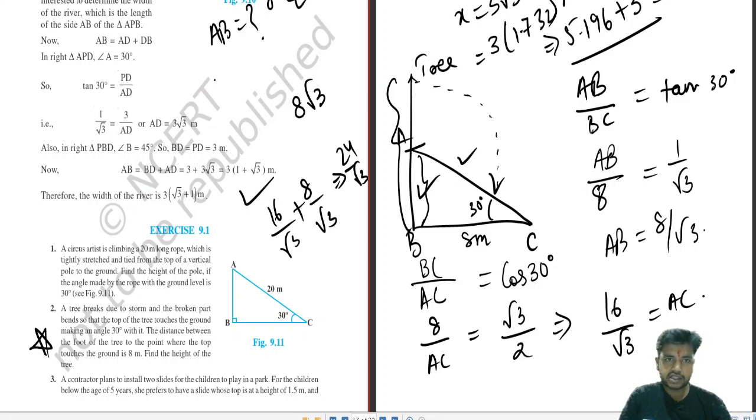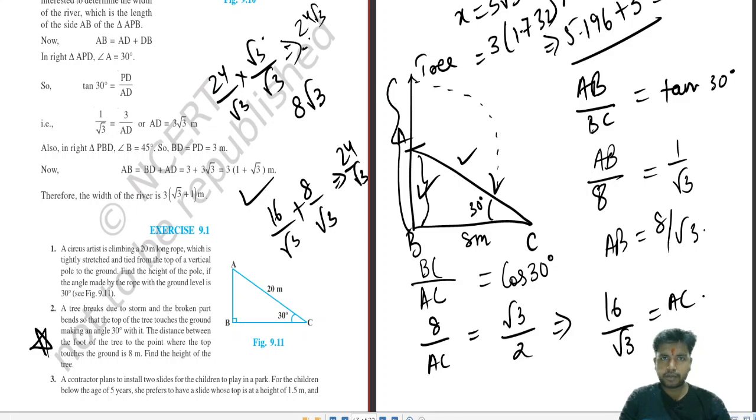Obviously, we would rationalize. How we would rationalize? We can multiply root 3 into root 3. That is 24 root 3 by 3, that is 8 root 3.